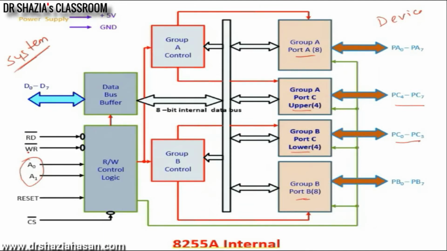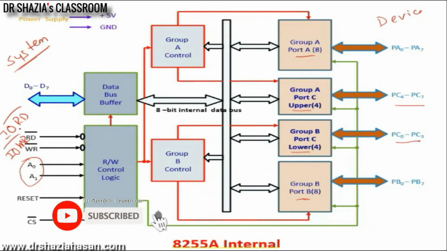Yes, not during memory read, memory write operations. Now, if I am saying so, I am defining my type of IO operation as isolated IO. Am I clear? If I am saying that this 8255 is connected to the IO read or IO write signal of the microprocessor.